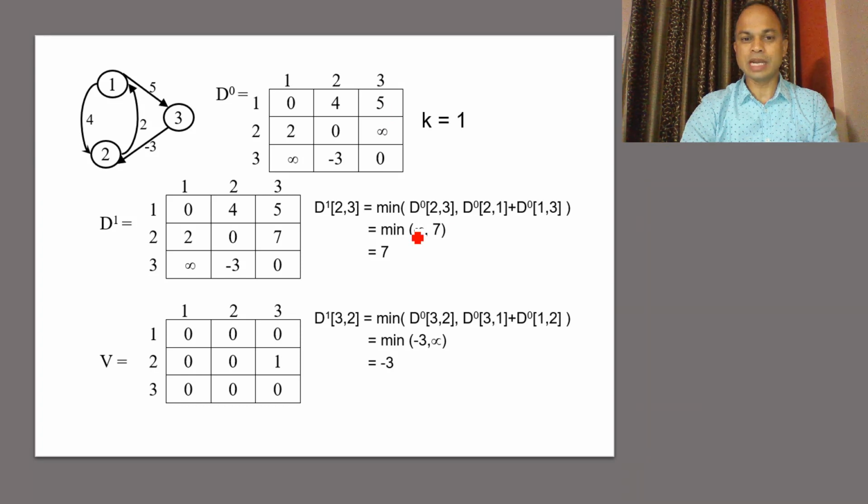If we add 2 plus 5, this value is 7. The minimum of infinity and 7 is 7. Therefore, D1(2,3) we have marked 7.